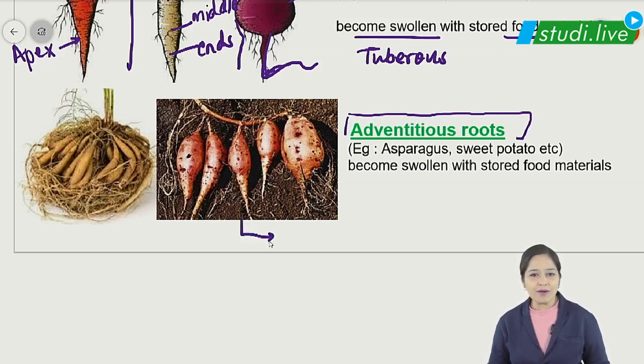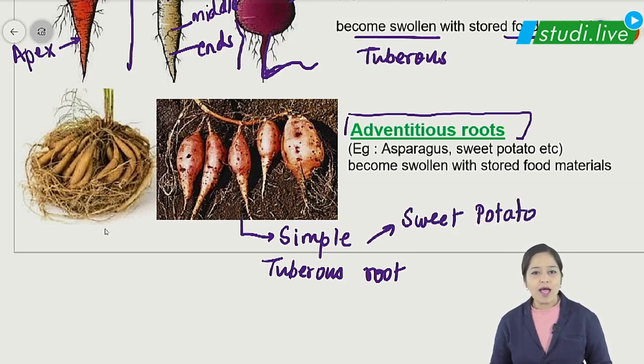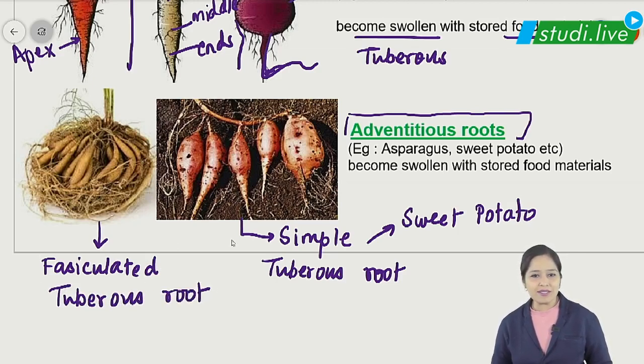This is called simple tuberous root when they are growing singly, and for this we have the example of sweet potato. And when it is growing in clusters or in groups, it is known as fasciculated tuberous root. So let us see the difference between simple tuberous root and fasciculated tuberous root.